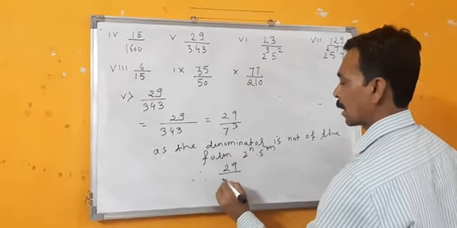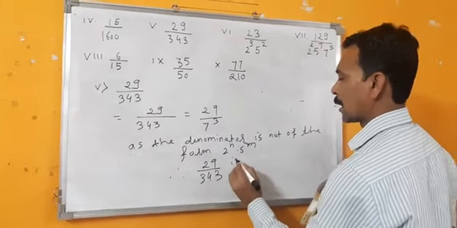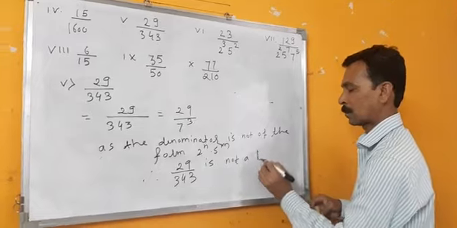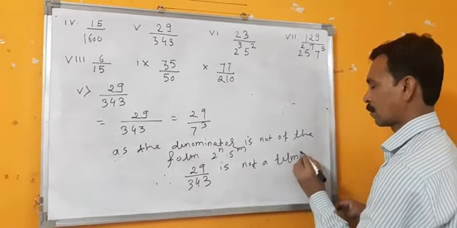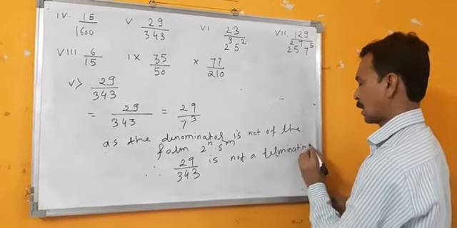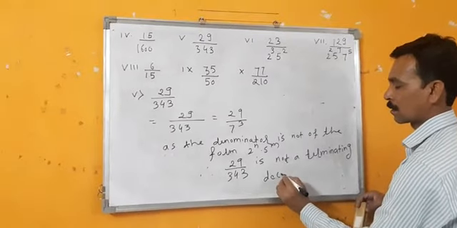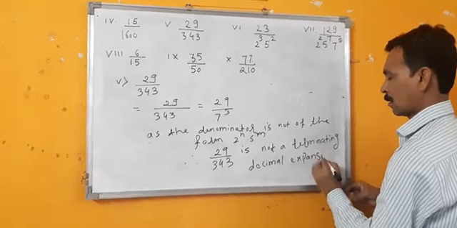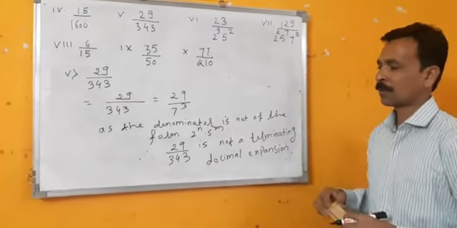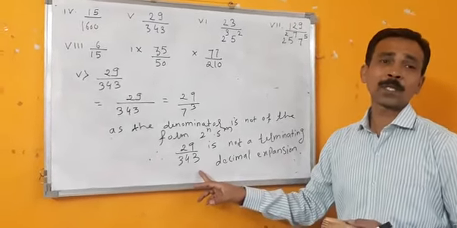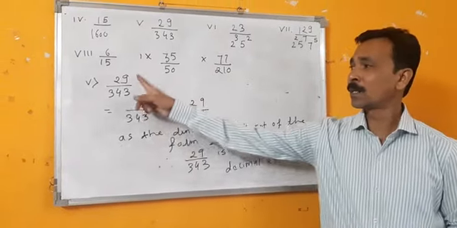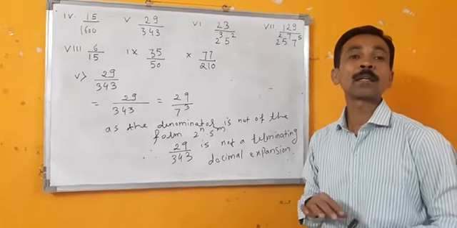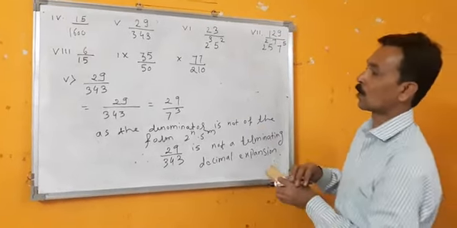Therefore 29 upon 343 is not a terminating decimal expansion. The denominator has to be of the form 2 raised to n into 5 raised to n. Then only the given fraction is a terminating decimal expansion. Otherwise, it is a non-terminating decimal expansion. We'll go on to the next one.